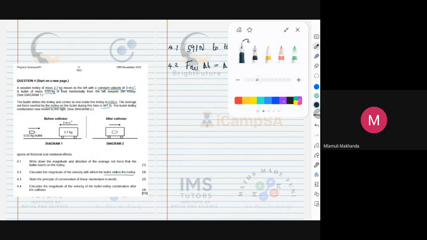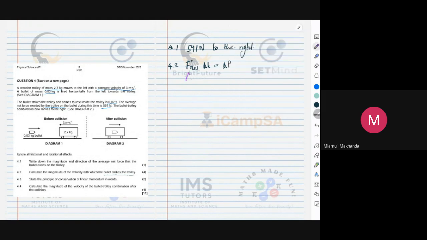Now that we have this, we have the net force, this resultant. This is the time. Then this is the change in momentum, right? The change in momentum we can calculate. The change in momentum is the final momentum minus the initial momentum.